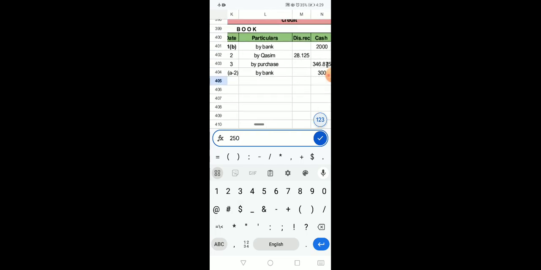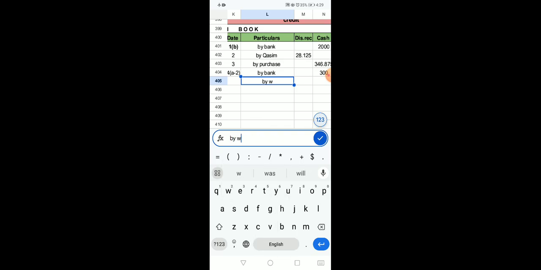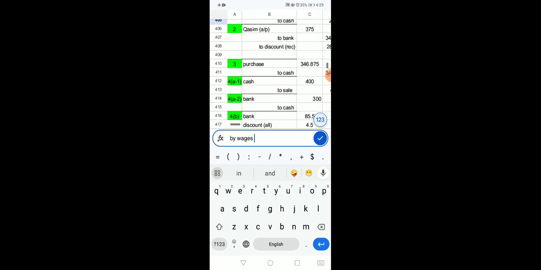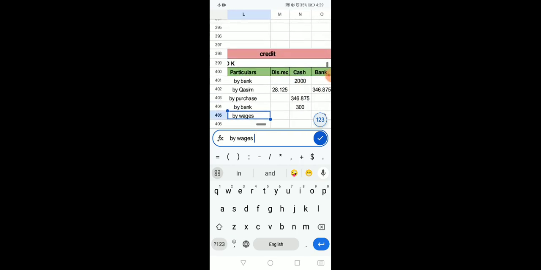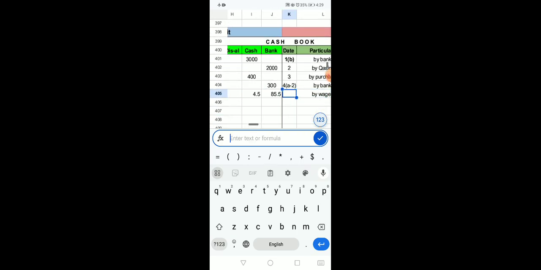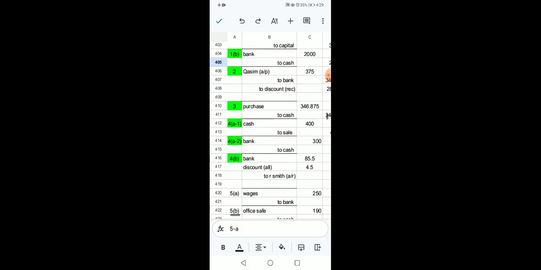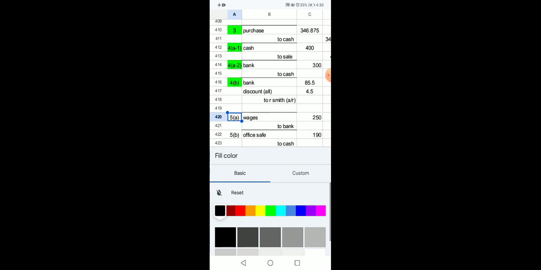So you will write wages as a reference in the particular column with the additional word "by". Now see what its date is. This is 5A. So you will put 5A in the date column. 5A was having only one element to be posted, and that was bank. We have posted, entry completed, mark it as done.